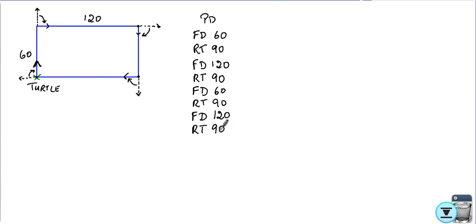But as we can see also here, we have a part which is repeated. So, could we have written that down in a shorter way? Of course, yes. Okay, so we could have written pen down. We could use the repeat command.